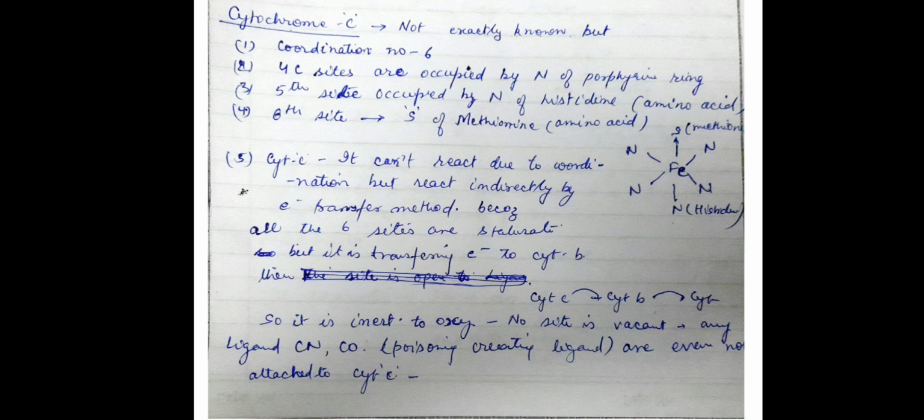It does not react with oxygen because no site is vacant. Even strong ligands like cyanide or CO are not attached to cytochrome C. Cyanide and CO are very strong ligands, and they also do not react with or attach to cytochrome C.